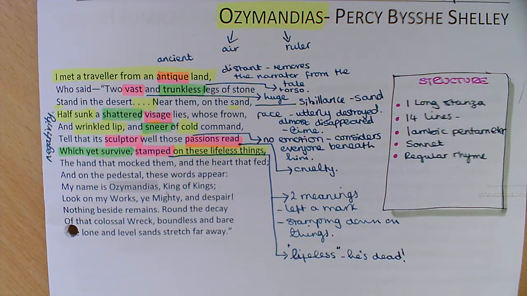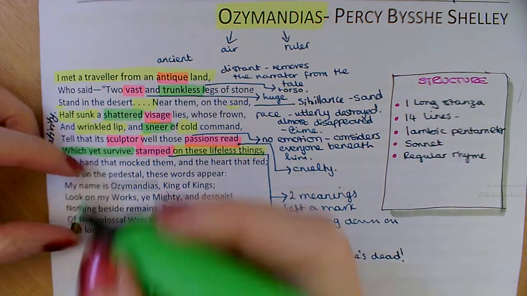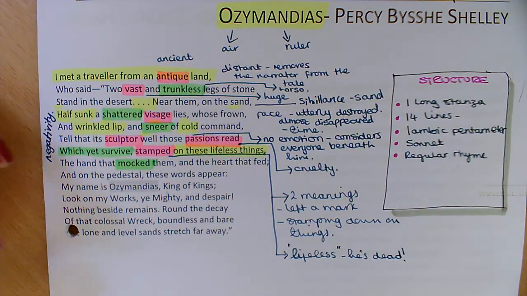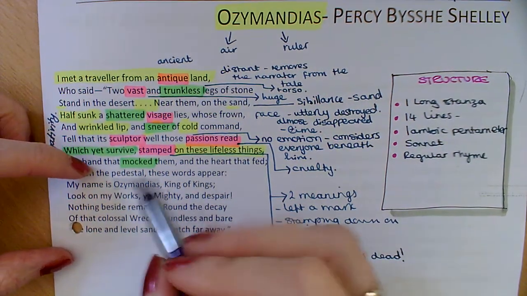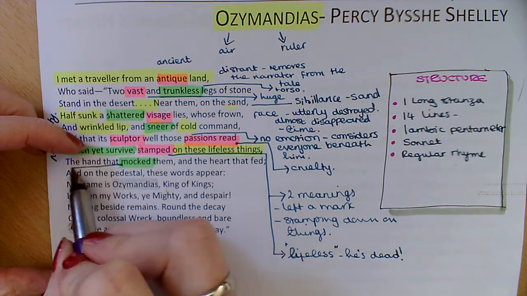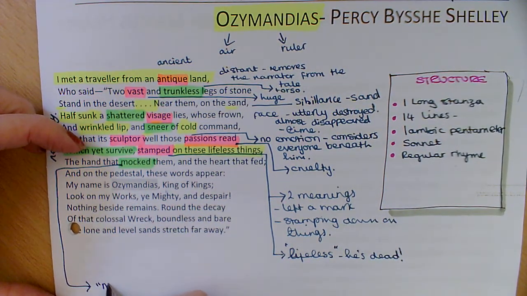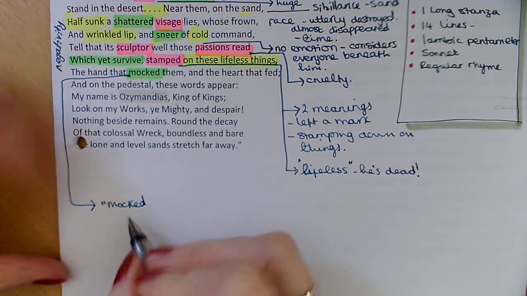Now, let's have a look at that word mocked. First of all, what does mocked mean? Yeah, so I'm going to bring an arrow down here for this one. So, mocked, again, has two meanings.